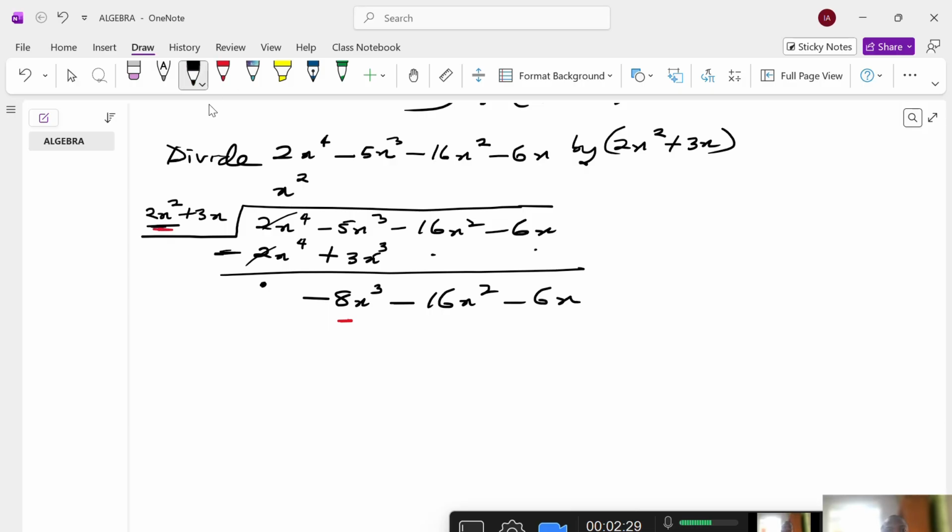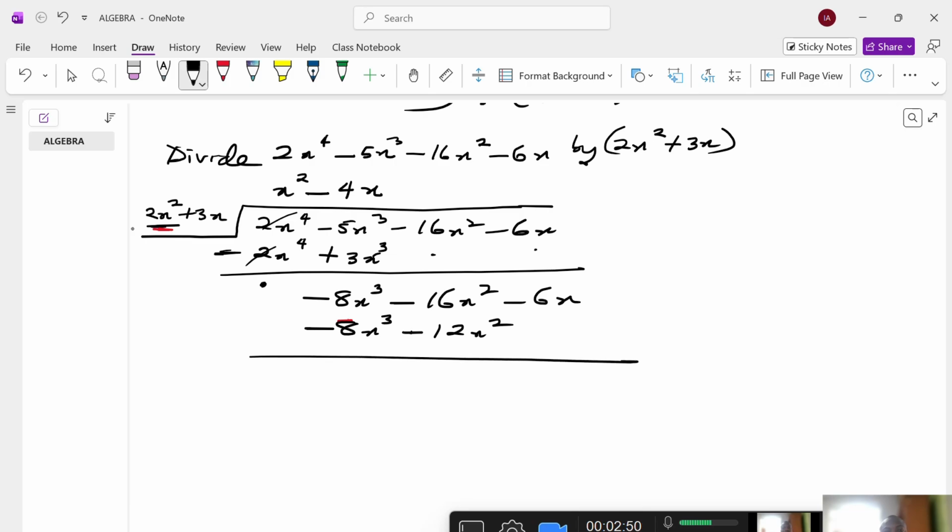Minus 8 divided by 2 gives me minus 4. x cubed divided by x squared gives me x. So minus 4x times 2x squared gives me minus 8x cubed. Minus times plus is minus, 4 times 3 is 12x squared.